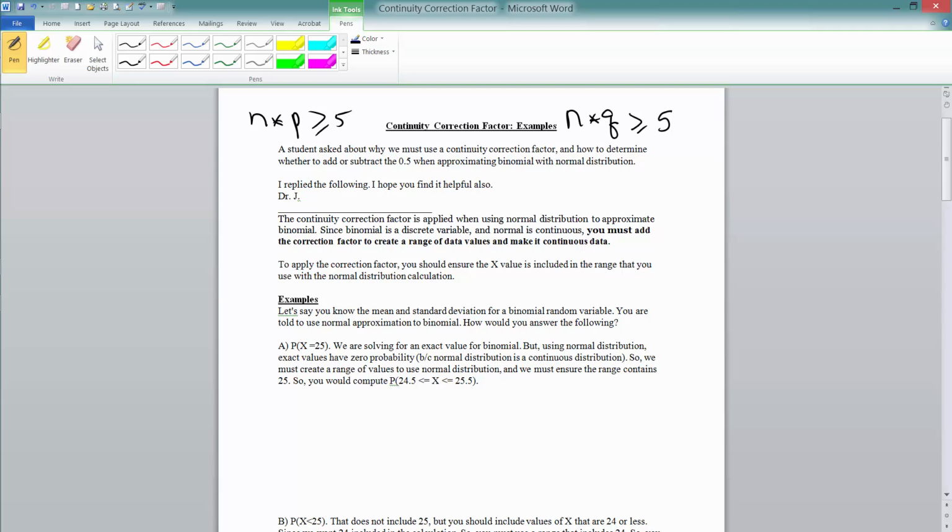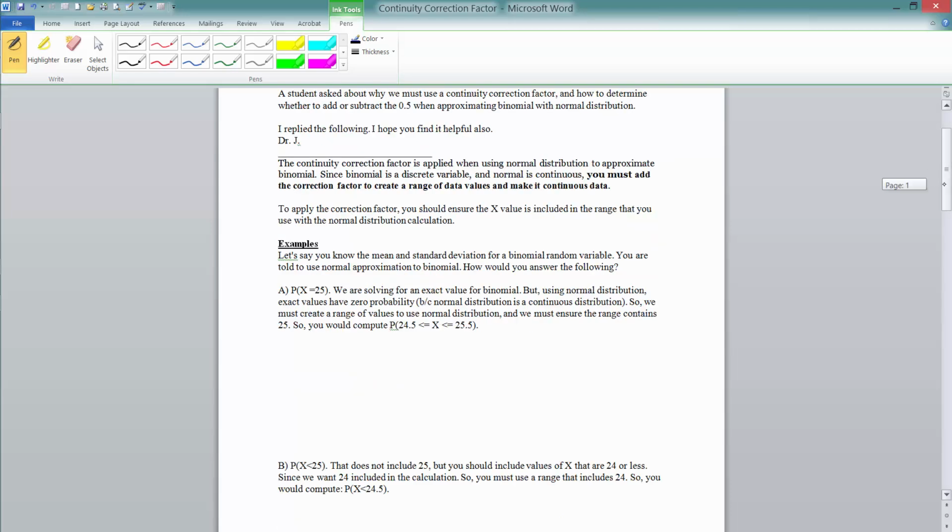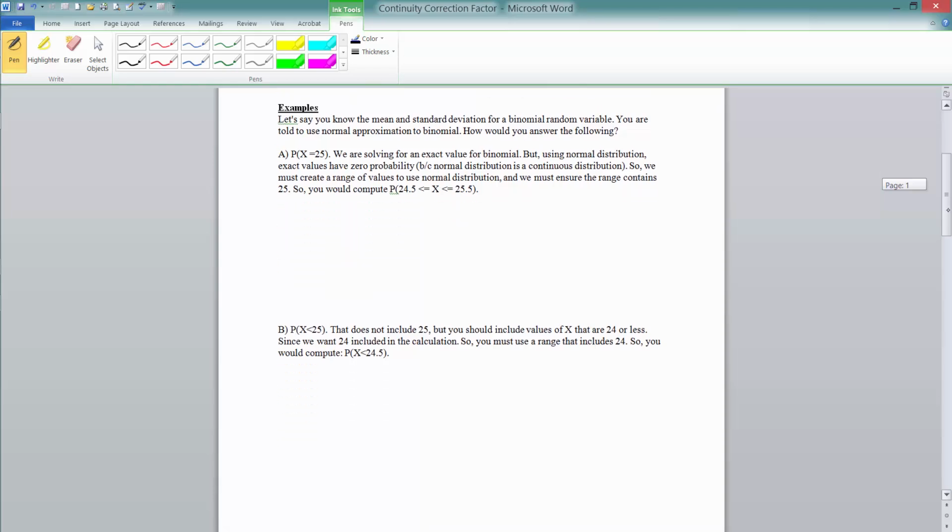Now, some students have difficulty understanding how to do this and how to use the continuity correction factor, and I think the reason for that is because they don't have it solid in their head: the distinction between binomial being a discrete probability distribution and the normal being a continuous distribution.